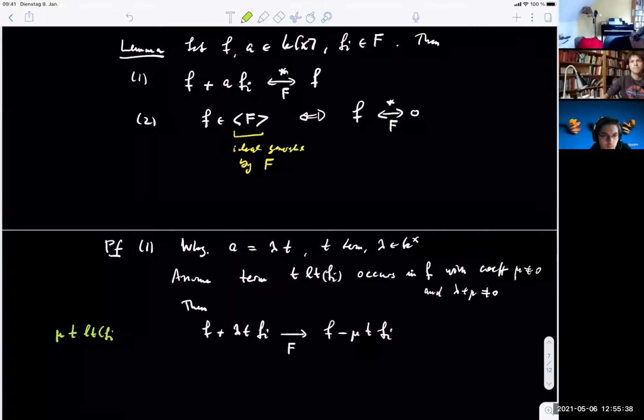So this is a monomial occurring in f. I write all these monomials in descending order. This occurs. And then I just add this.